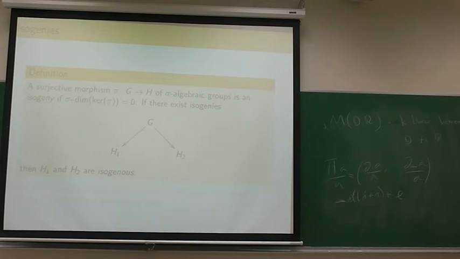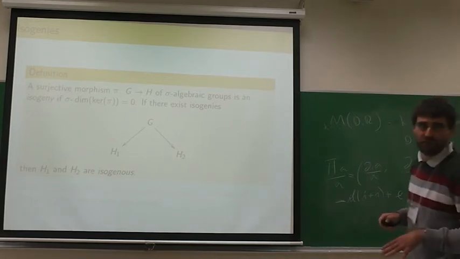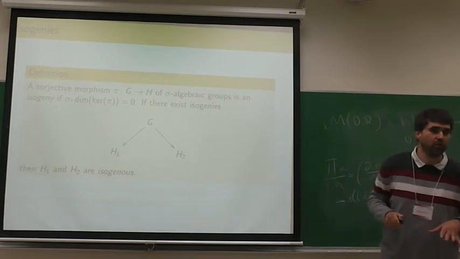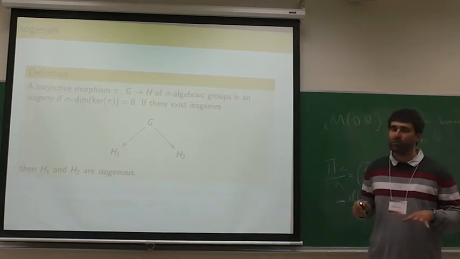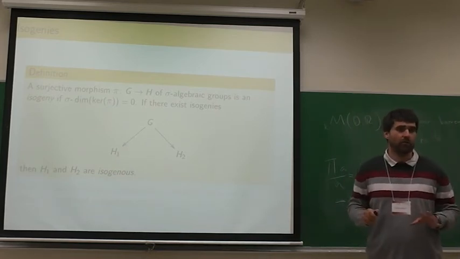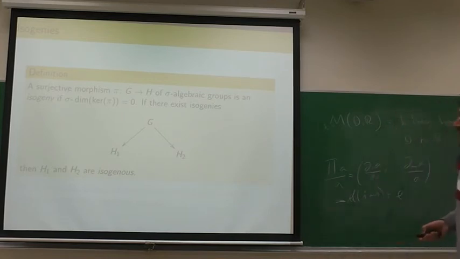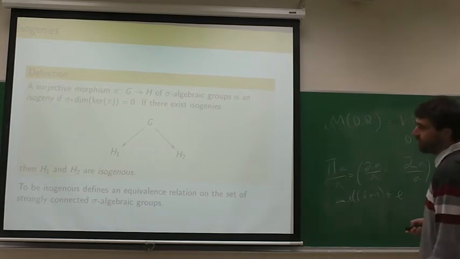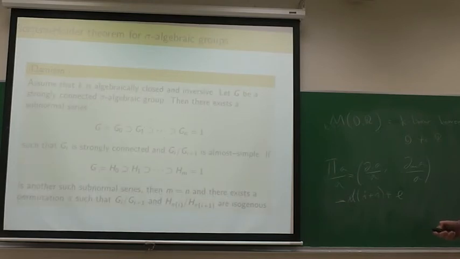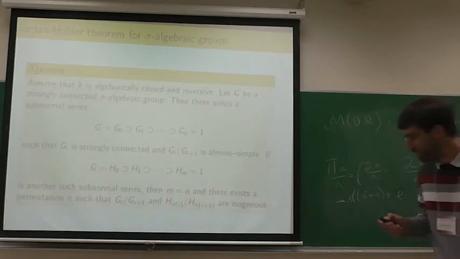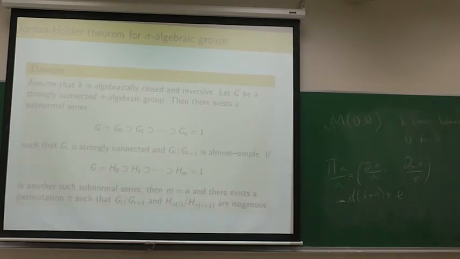The idea of isogenies, and in fact really the idea of the Jordan-Hölder theorem, is to consider everything up to difference dimension 0. This is what makes it work. One can show that being isogenous defines an equivalence relation on the set of strongly connected difference algebraic groups. With this notation we can now formulate the Jordan-Hölder theorem.